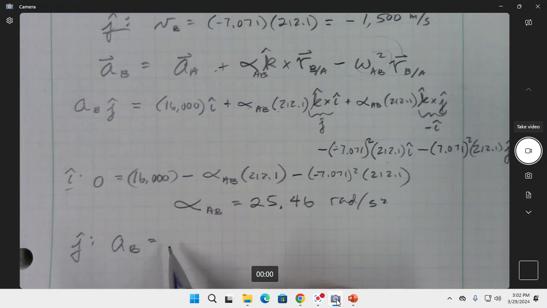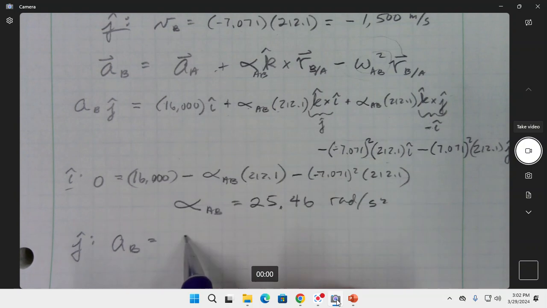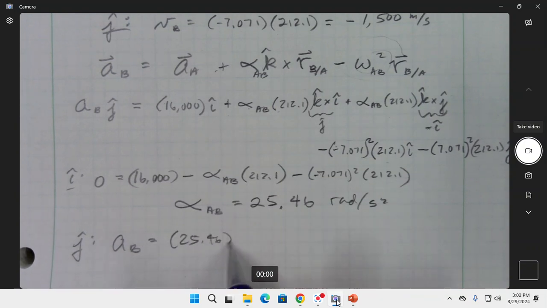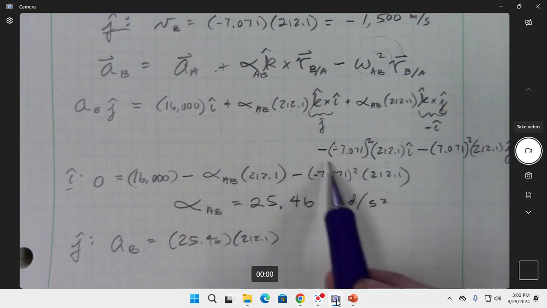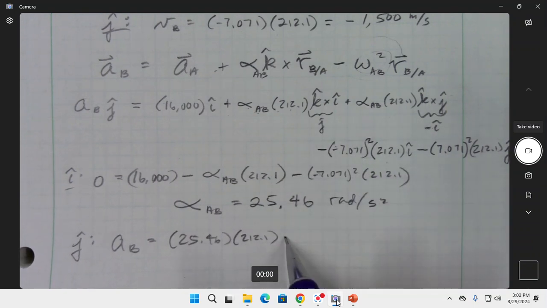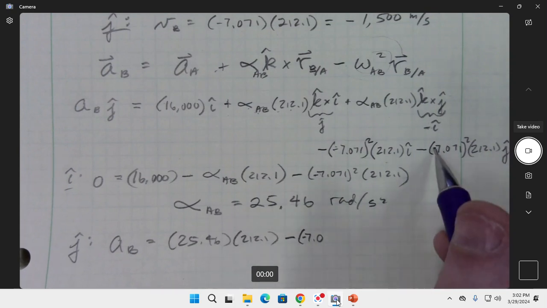Equal to nothing from right here. You get your alpha, which we said was 25.46, plugging it back into there. You're 212.1, and you're still going to subtract out 7.071 squared times 212.1. I'll put the negative in there too.